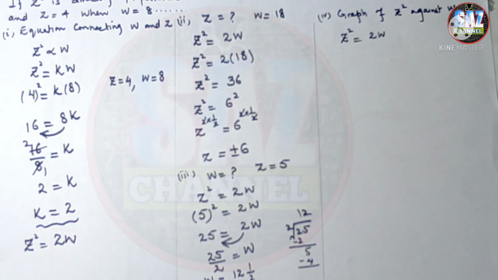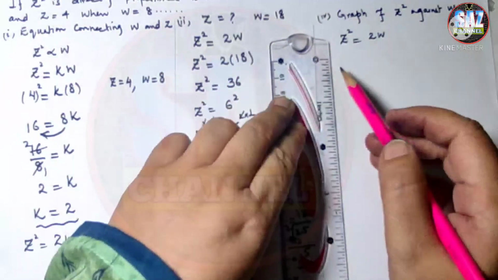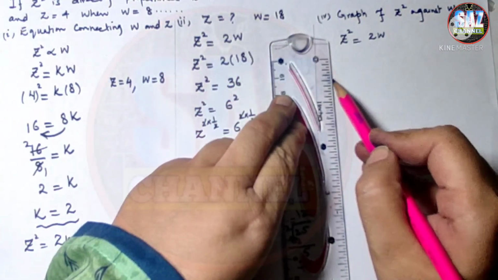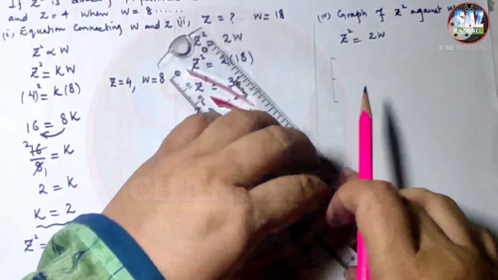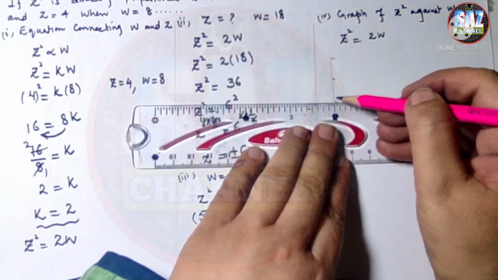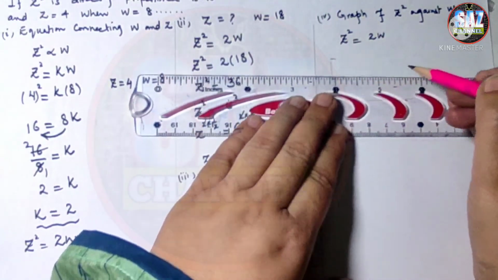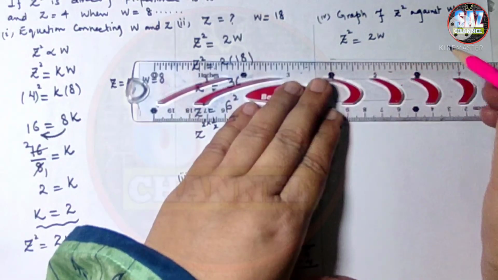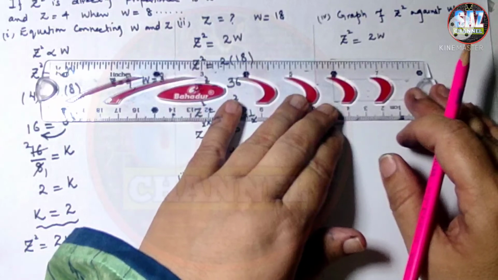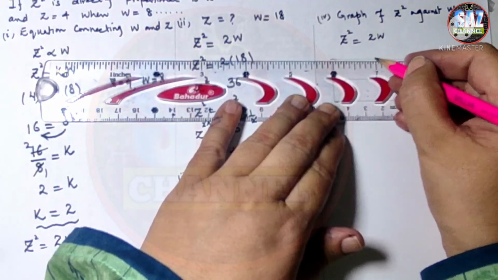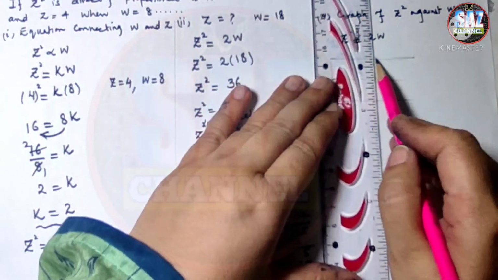What we have to do is first take any two values of w. Let me make the table. Students, recall which value of w will be suitable. Mostly we give only two values to the independent variable, those two values are 0 and 1, and you will be able to draw the graph for this topic.